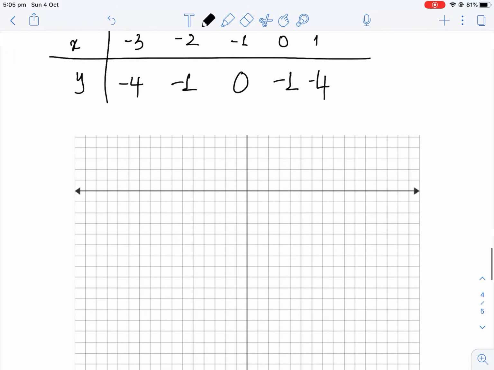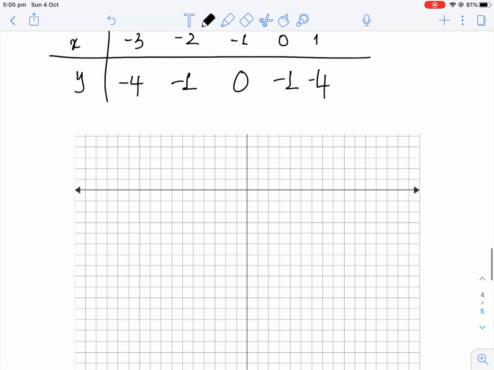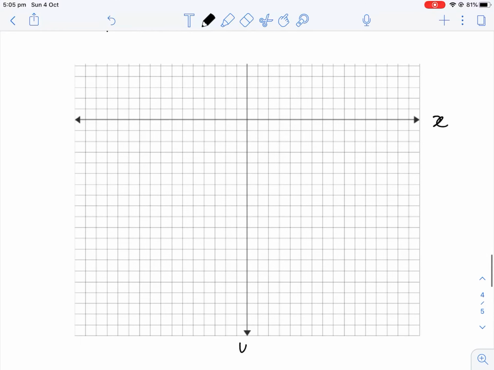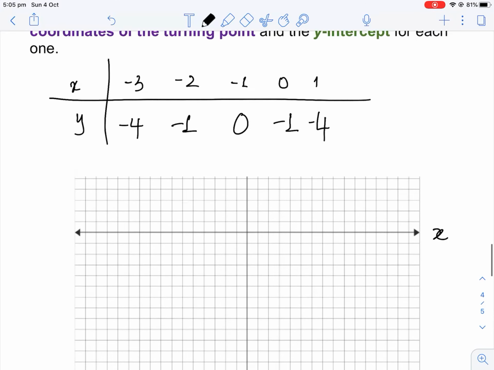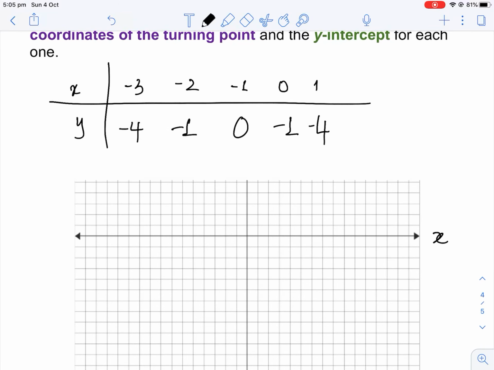And again, we have to plot them all in the Cartesian plane, with x and y here. So if x equals negative 3, y equals negative 4. Here is (0, 0), and negative 4 here.